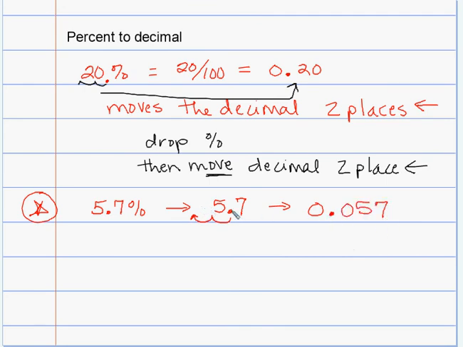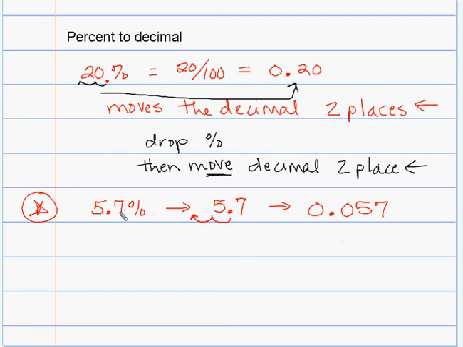Okay? Now, remember that percent means out of 100. And so if we want to write it as a decimal, we need to divide by 100. So I cannot have 5.7 as my answer to the decimal form of 5.7%. That doesn't work.